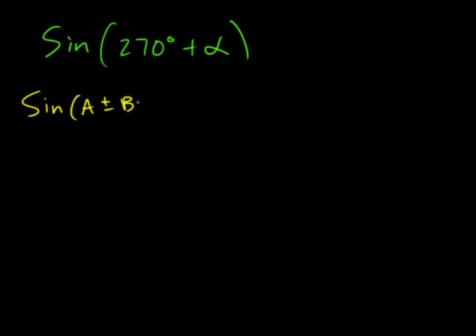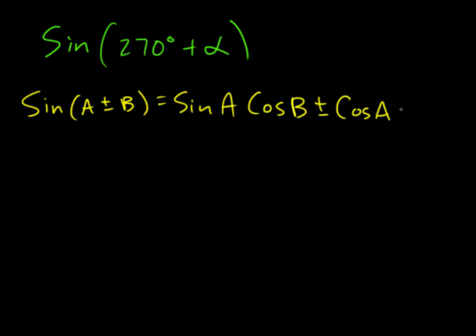Okay, so this one we have sine of 270 degrees plus alpha, and if we look at the compound identity, I will write it. All right, so we need to use this one.